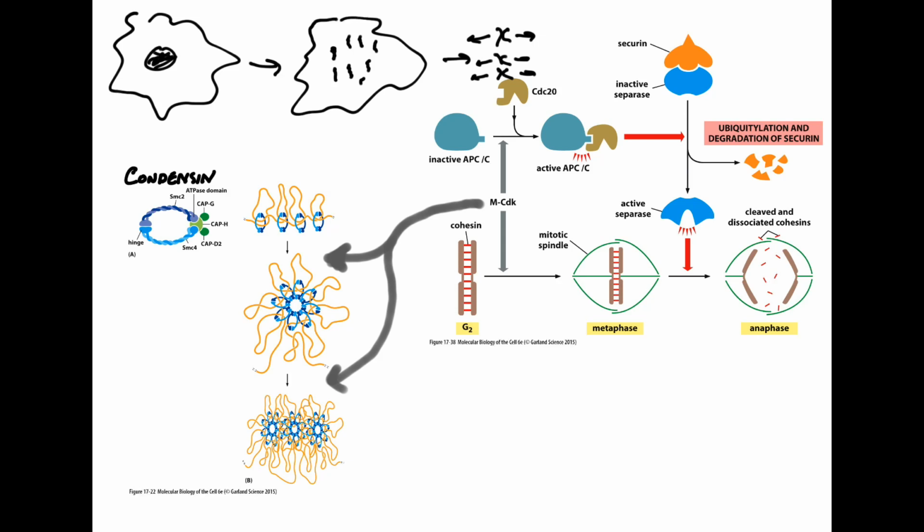So that's a real simple thing that an active M-phase cyclin CDK can get you. The rest is a lot more complicated. So we talked about the APC complex as an important E3 ligase for cyclin CDKs just in general terms.